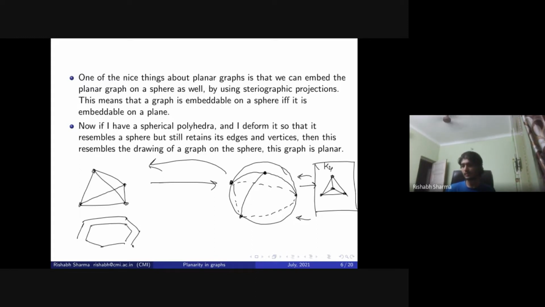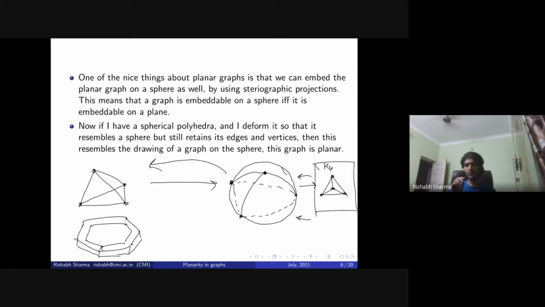Some 3D figure which looks like a ring. This is also a polyhedra, but this is not spherical. Why? Because I cannot deform it to make a sphere. However hard I try, the deformation will still contain the hole.